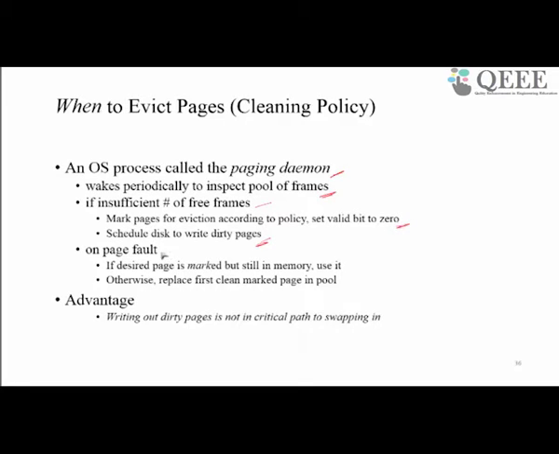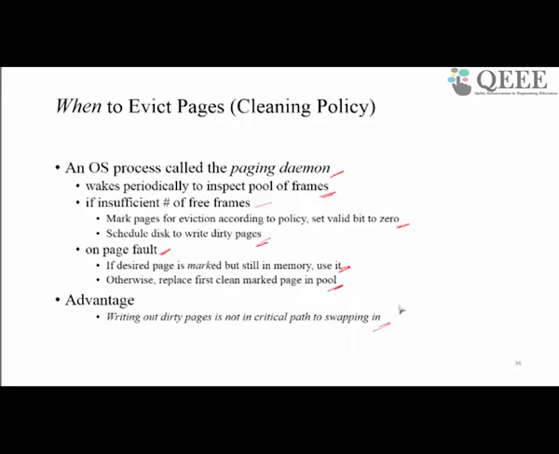Now if there is a page fault, and the desired page is marked but is still in memory, you can start using it because it has not yet been removed. Otherwise, if it were dirty, you write it to the secondary memory and then bring in the new page.